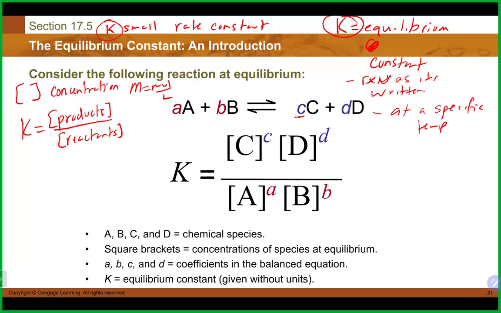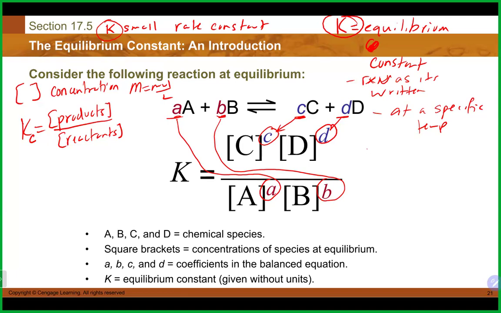So we take the concentration of C to the C, the coefficient, and the concentration of D to its coefficient, divided by the concentration of A to its coefficient and B to its coefficient. When you do this with concentrations, it is sometimes referred to as the Kc value, C meaning concentration. In this case, the Kc would be our products over reactants.